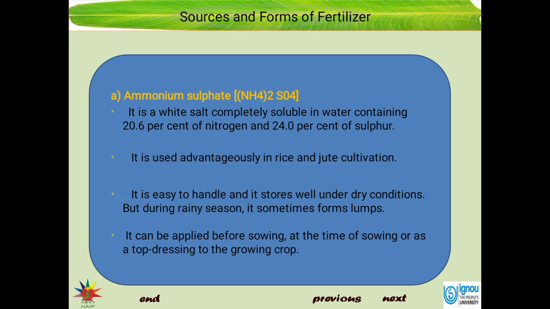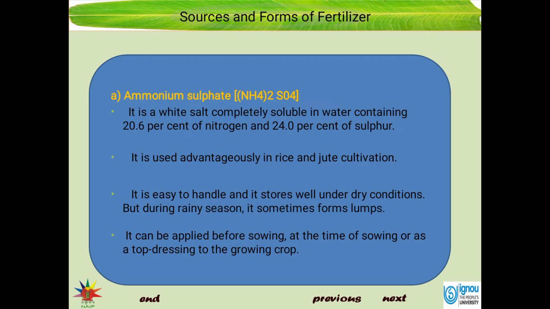It is used advantageously in rice and jute cultivation. It is easy to handle and stored well under dry conditions, but during the rainy season it sometimes forms lumps. It can be applied before sowing, at the time of sowing, or as a top dressing to the growing crop.